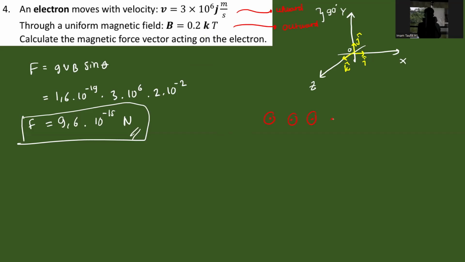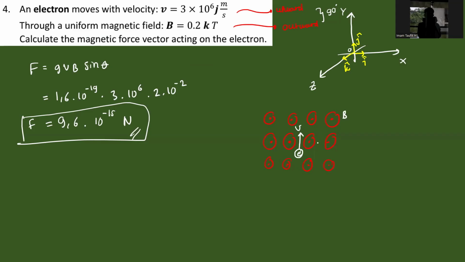Let's say this is a space influenced by magnetic force. Next, there is an electron here and it moves upward. There's an electron like this, moving upward, and this is B.